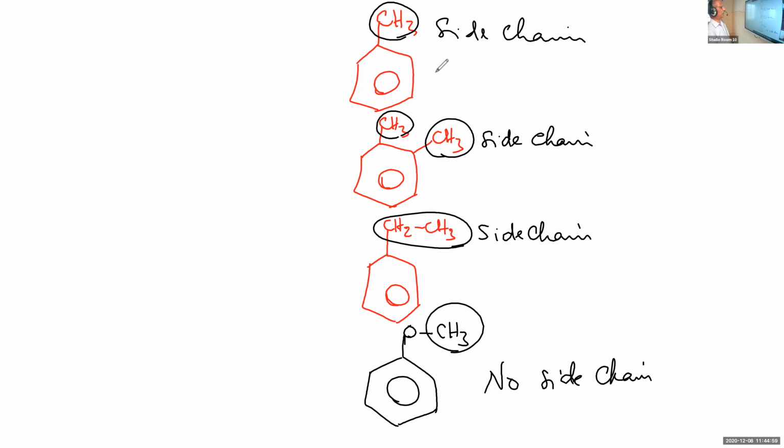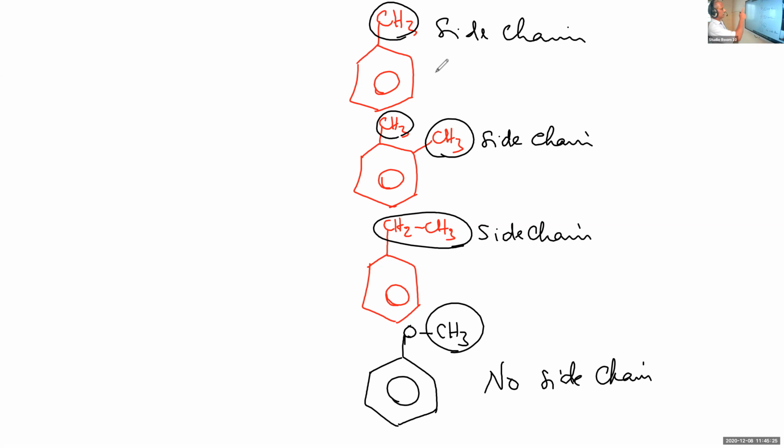What about the CH3 group in the last compound, and in the other compounds, the bonding with the benzene nucleus? What difference can you feel? Diya, what do you say? There is an O group. Okay, just wait.